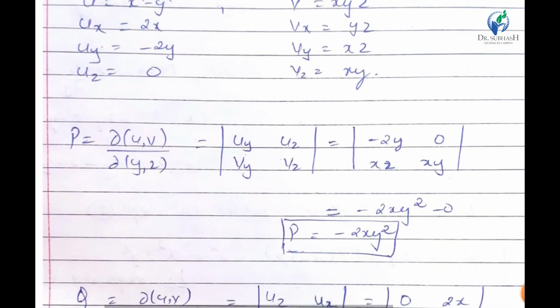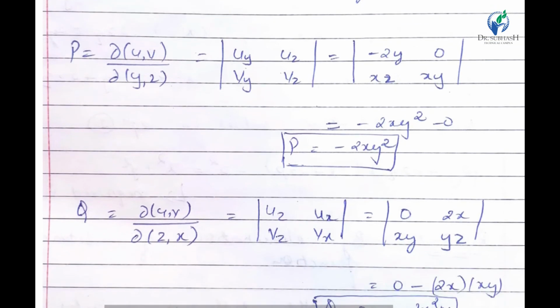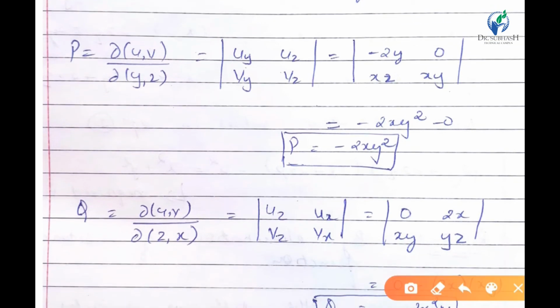Now by using the formulas seen earlier, we have P equal to del(u,v) upon del(y,z) equal to the determinant of uy, uz, vy, vz. We substitute the above values here. We get the determinant of minus 2y, 0, xz and xy.